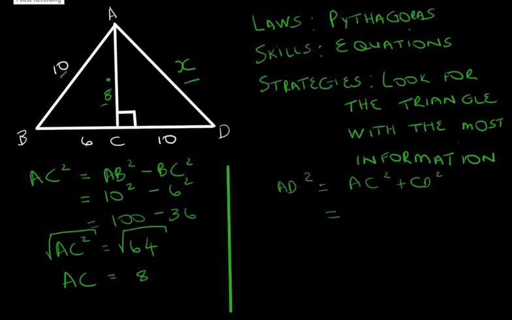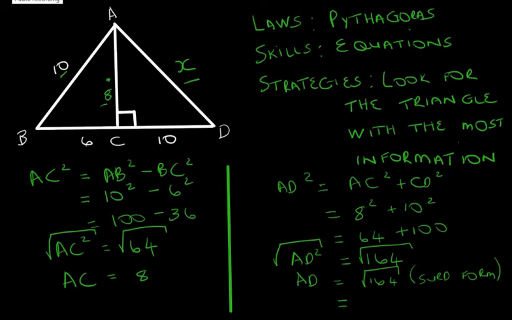So now we can go ahead and say that AD squared is equal to AC squared plus CD squared, and we can fill in those values. That will be 8 squared plus 10 squared, which will be equal to 64 plus 100, which will give us 164. Now we must remember that we need to square root both sides.